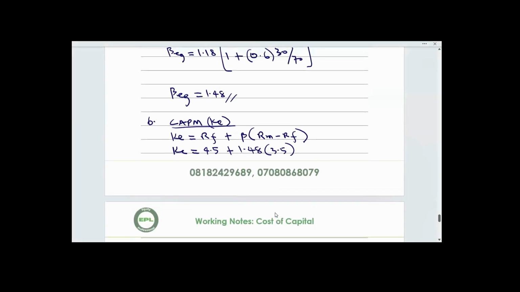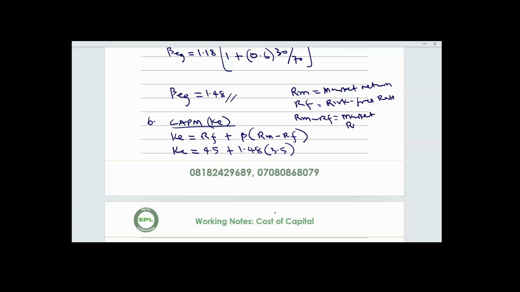I said that RM is market return, and RF is the risk-free rate of return. Then the difference between market return and the risk-free rate of return is called the market risk premium.